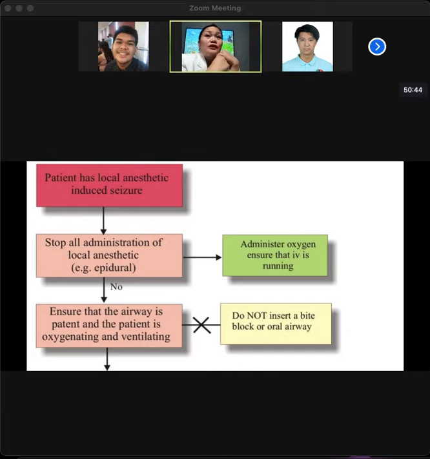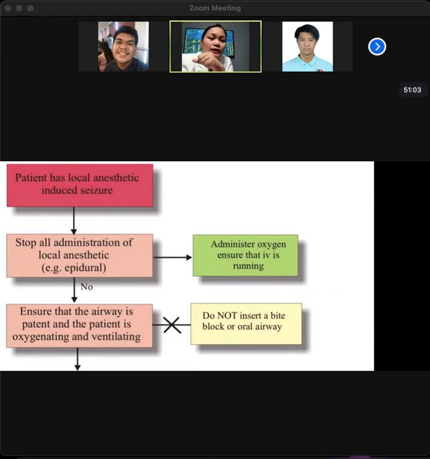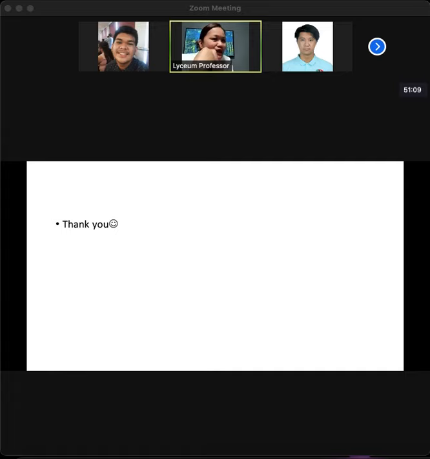And then after that, if still not reviving, then you can give your intralipid 20% emulsion while you are still giving your supportive treatment. Okay? Naintindihan, class? Yes po. Hello? Naintindihan ba? Medyo maliwanag, medyo malabo.